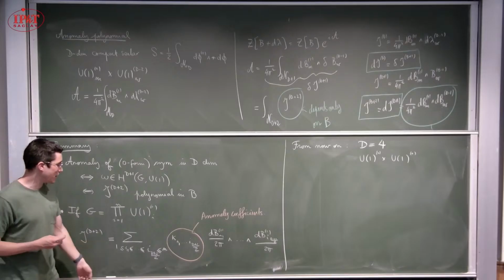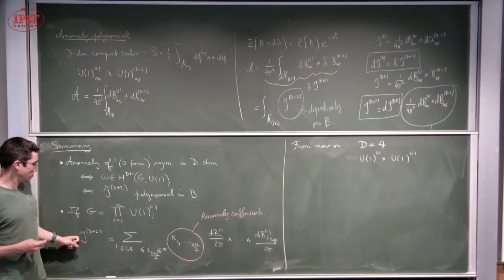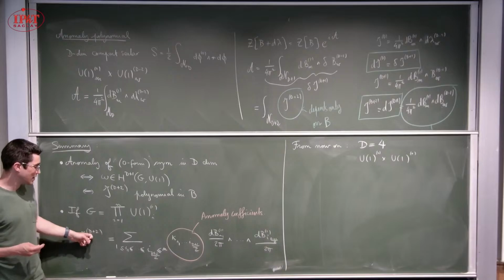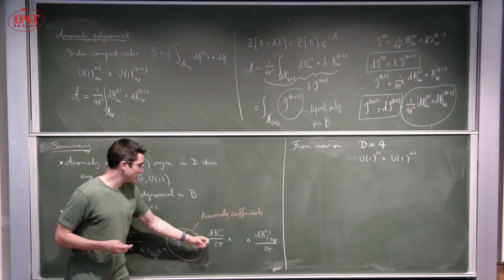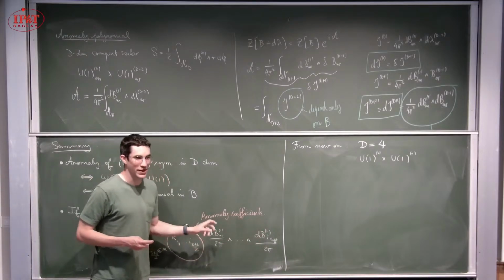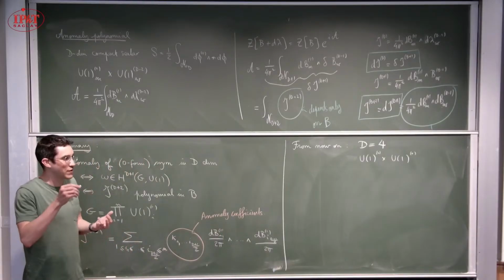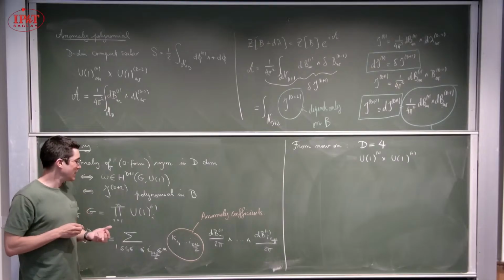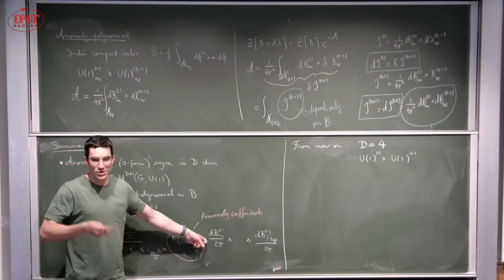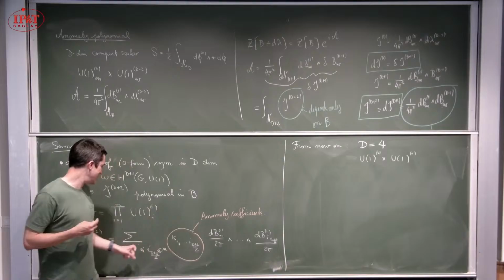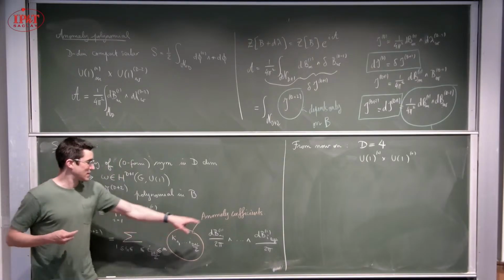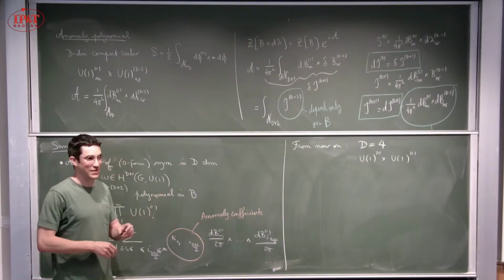Now we can exactly quantify how much anomaly there was. We just have to write this with D equals 4, so that's 6. And in each term of the polynomial, there will be 3 terms. This is why anomalies are computed, if you have fermions, by computing triangle diagrams. If you're in 10 dimensions and you do string theory, then D is 10, then this is 6, so you compute hexagon diagrams.